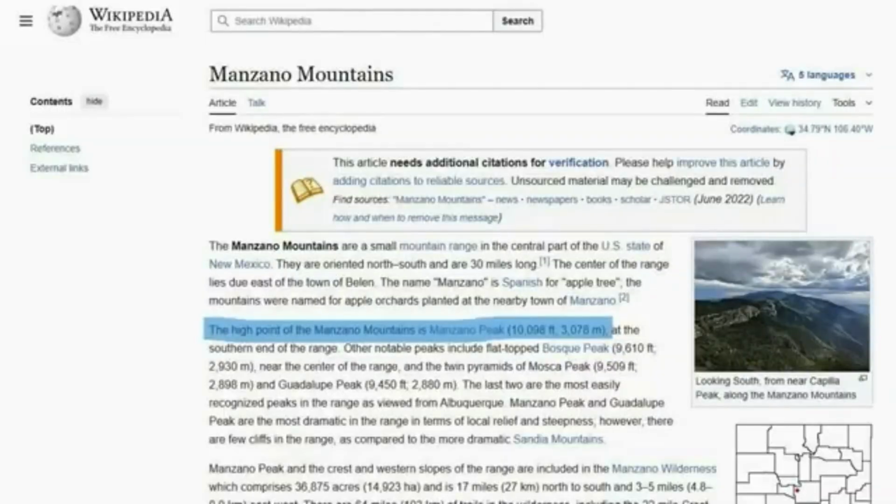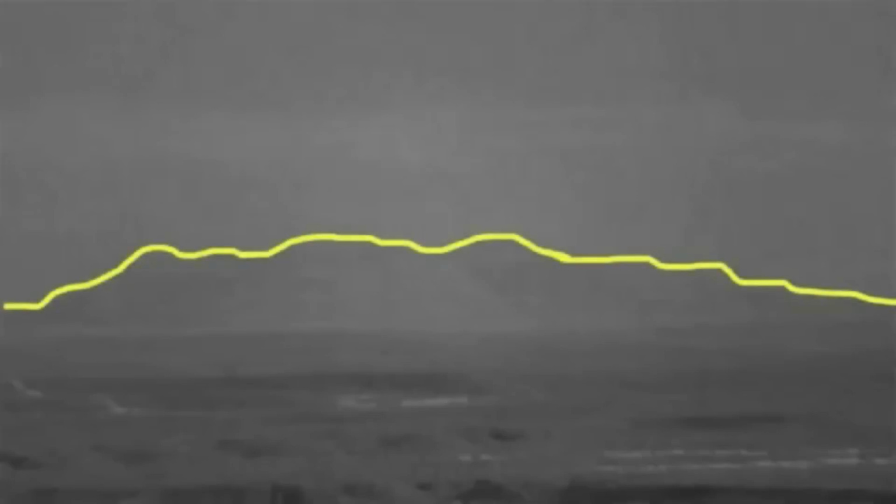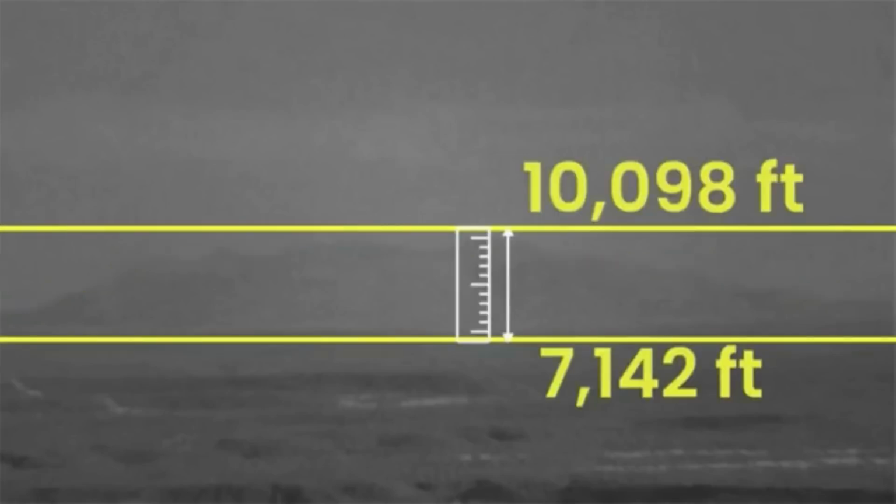The highest peak in the Manzano Mountains is 10,098 feet above sea level. The bottom to the top of these mountains stands at 2,956 feet.